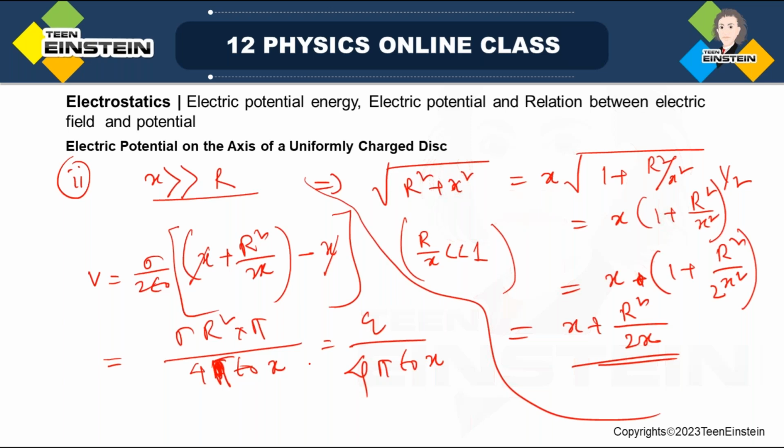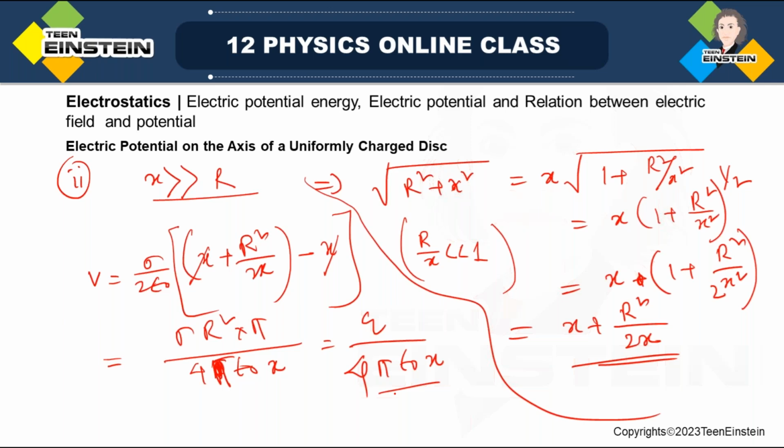So we can see that this relation is obtained just like due to a point charge. So what does this mean? That means if you go far and far away from the disk, the whole charge distribution will be considered as a point charge, which is concentrated at the center.